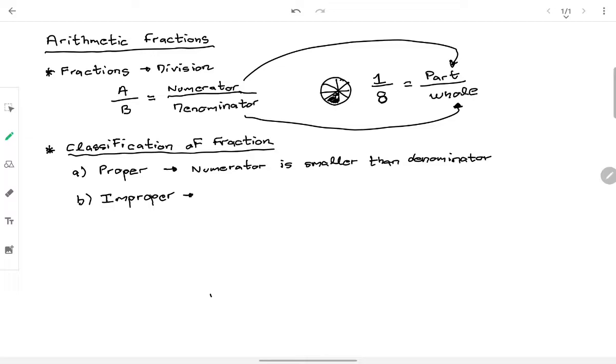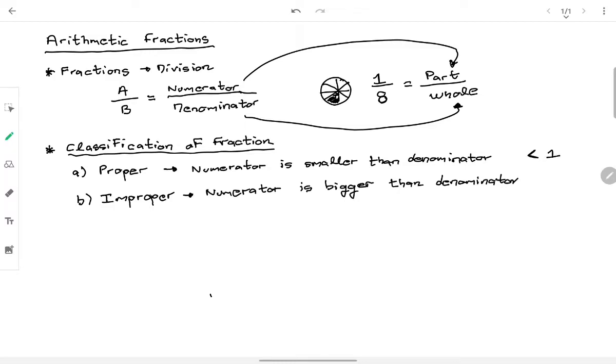Improper fractions are fractions where numerator is bigger than denominator. That means that proper fractions, if we make the division, will give us a number less than 1.